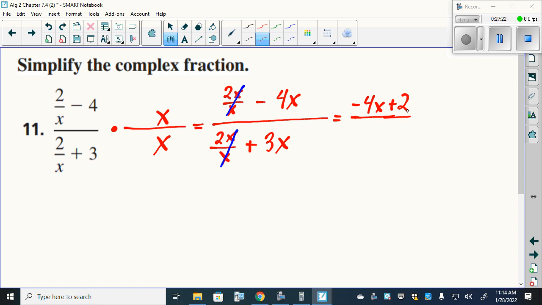That's all we did. We put the negative 4x first. Since the sign in front of the 2 is positive, it's just going to be plus 2. And the denominator, we're going to have 3x plus 2.